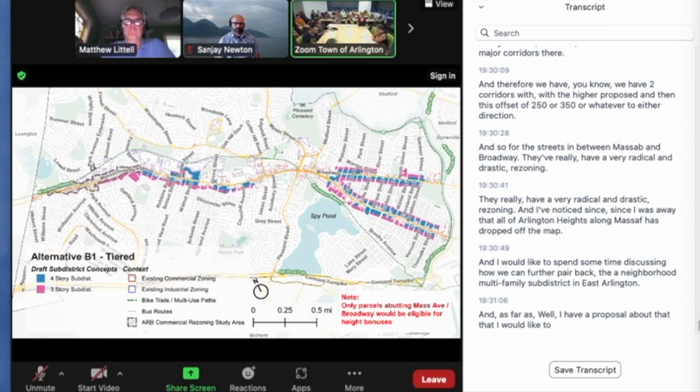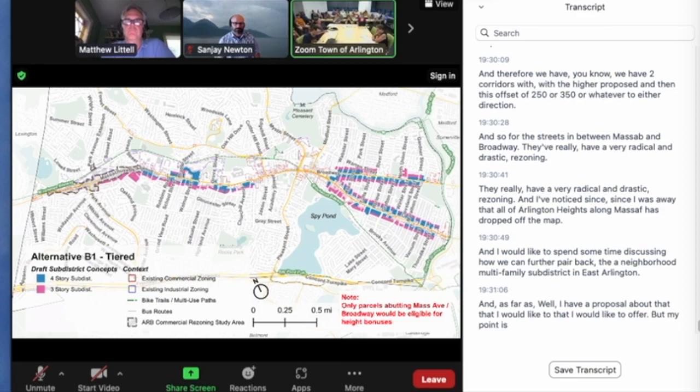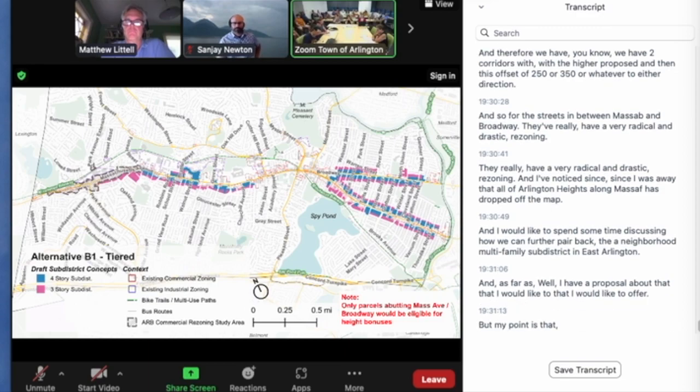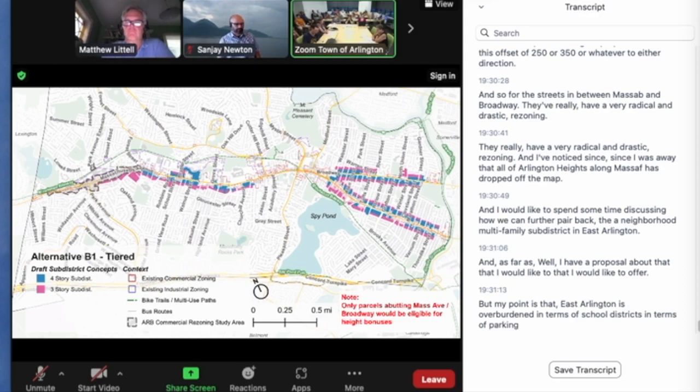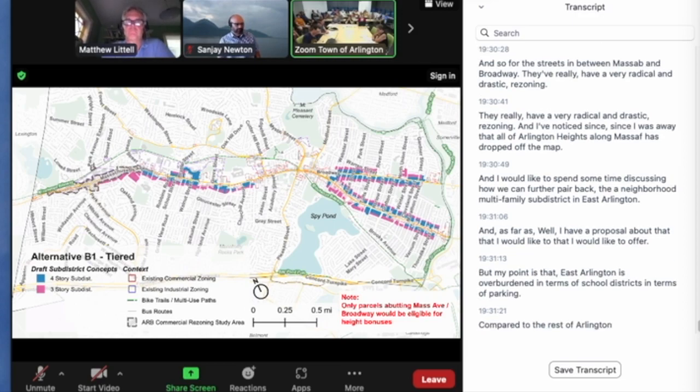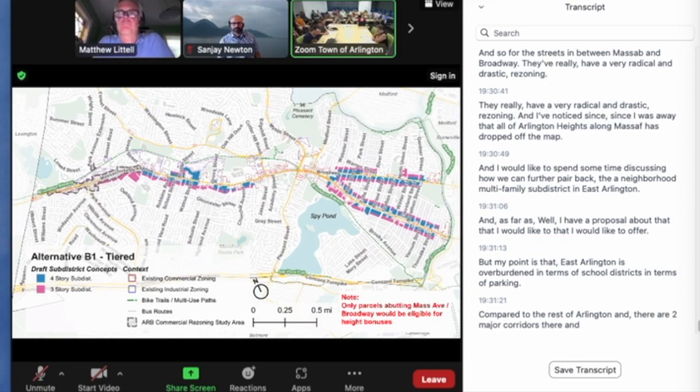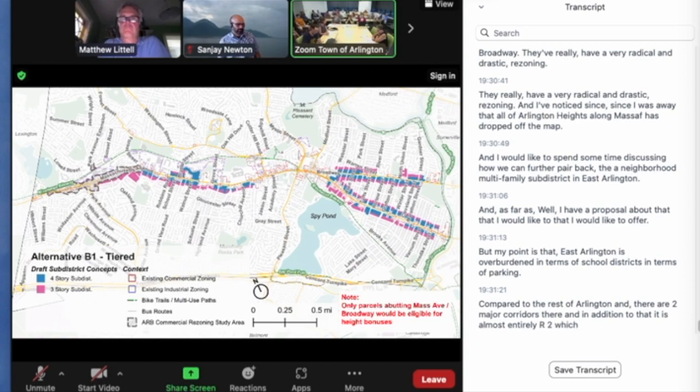My point is that East Arlington is overburdened in terms of school districts and parking compared to the rest of Arlington. There are two major corridors there, and in addition, it is almost entirely R2, which is one of Arlington's multifamily zones.